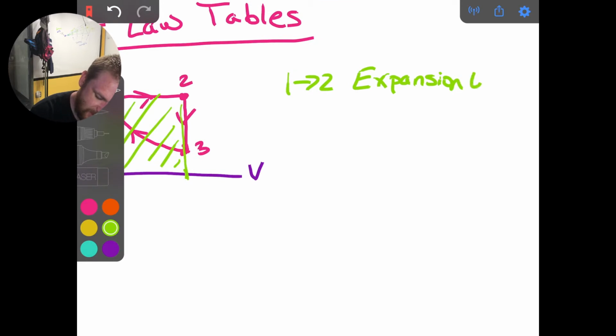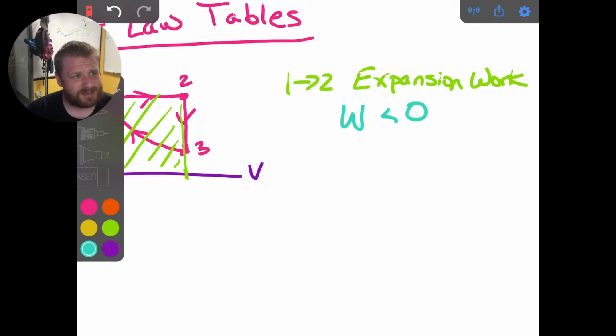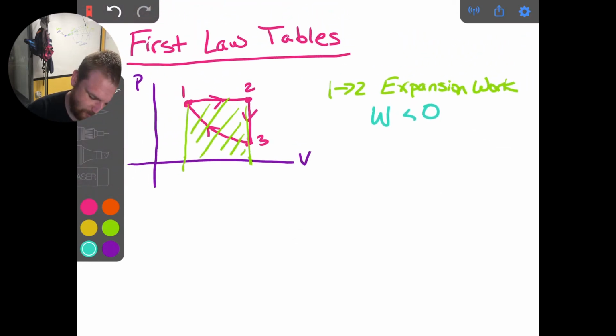And in terms of the work done by the gas, which is what we've given the symbol W, we have W is greater than 0 for expansion work, meaning we're not smashing the gas, but it's doing work on its environment.